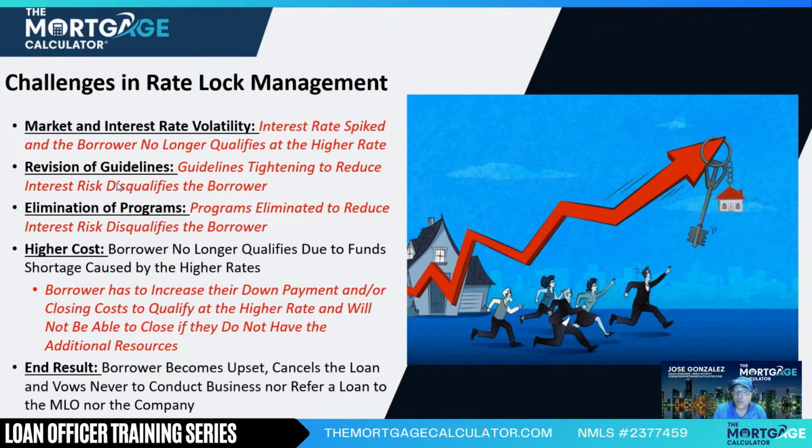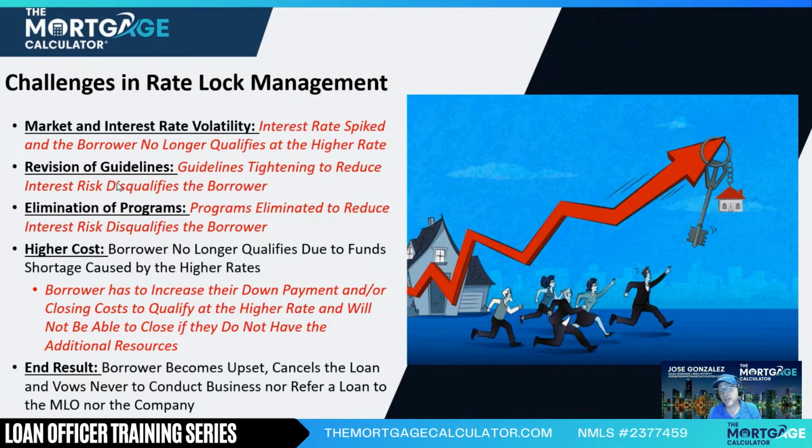Now, I have seen in rare occasions, in extremely volatile situations, where a conduit may actually decide to cancel rate locks and not honor them. Obviously, they're going to lose a lot of goodwill in the industry when they do that. But the end result could be they're allowing the borrower to close on a bunch of loans that they're just going to lose money on one after the other when they go sell it into the secondary market.